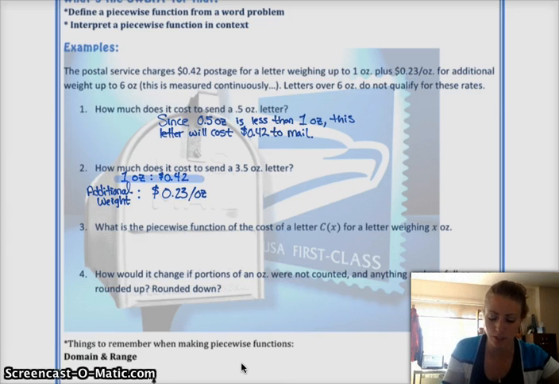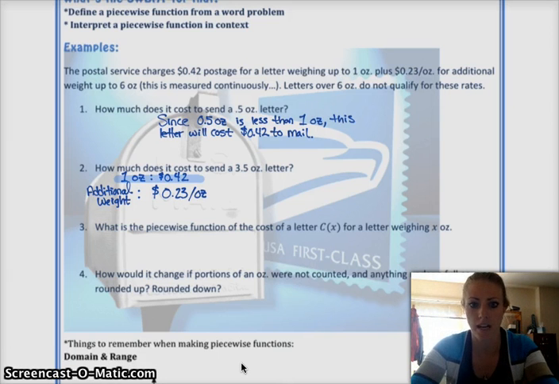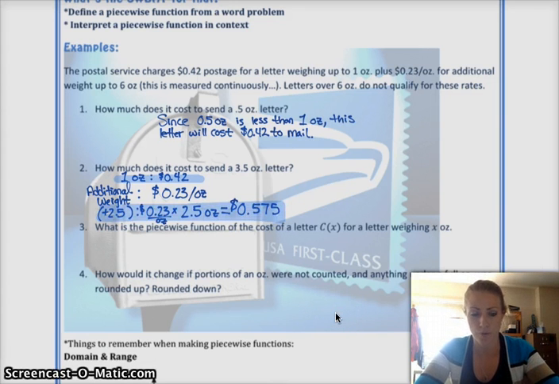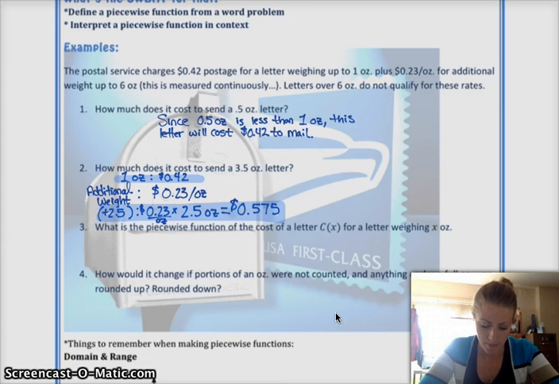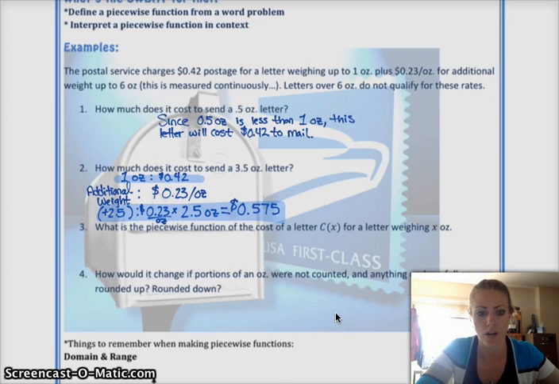So you pay the 42 cents plus 23 cents times the additional 2.5. For the 1 ounce, it's 42 cents, and for the additional 2.5 ounces, it's 57.5 cents. Then you add those two together to get your total cost for this letter.